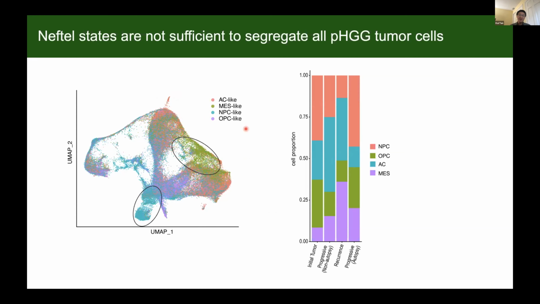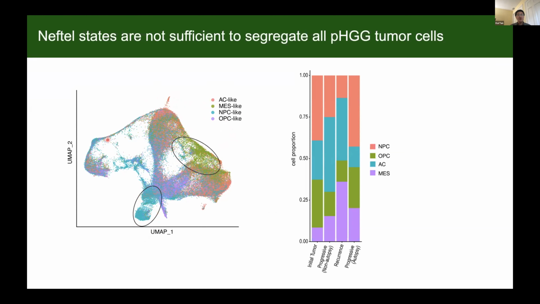As you can see, the answer is to some extent the Neftel state can indeed stratify the different cell states, especially for the NPC-like state and the mesenchymal-like state. As you can see, they form distinct cell clusters.